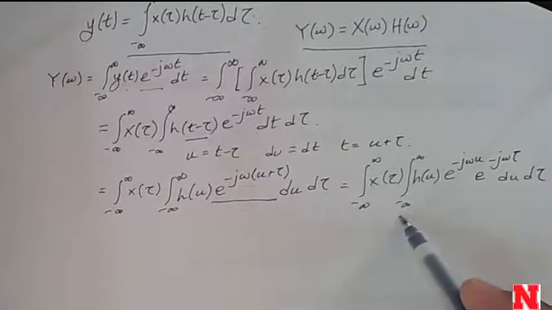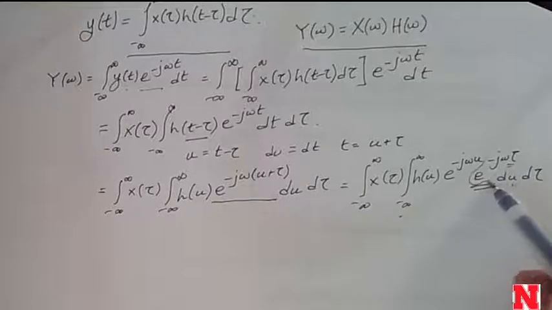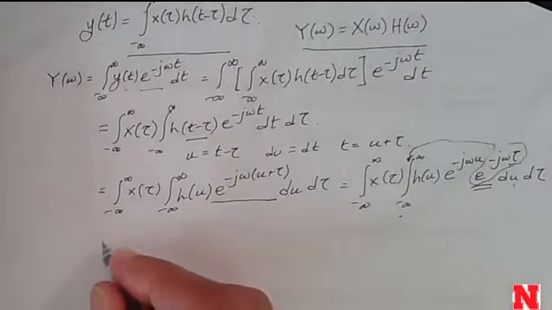Now, e to the minus j omega tau: tau is not a function of u, so I can take this out of the inner integral.